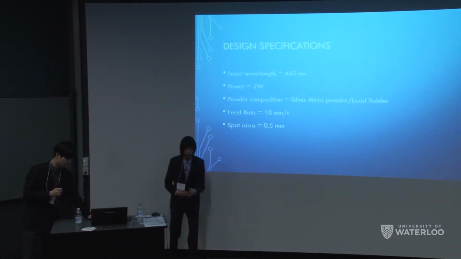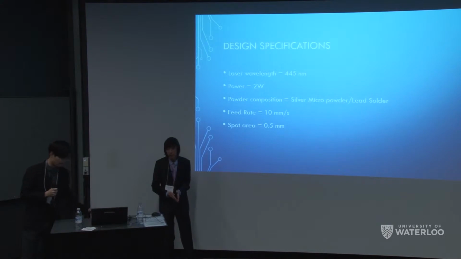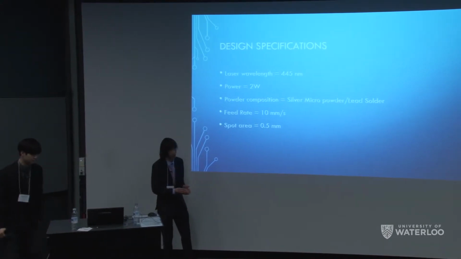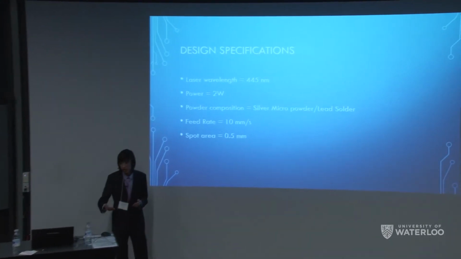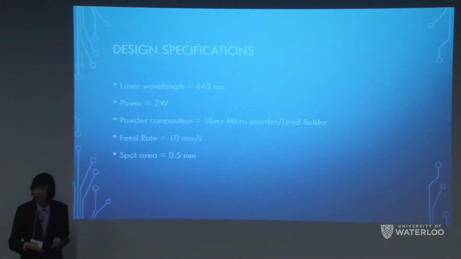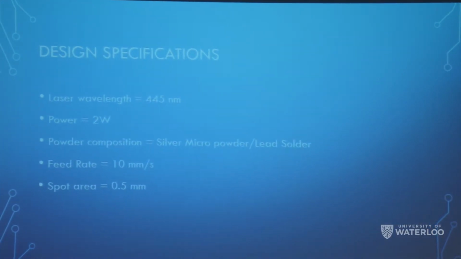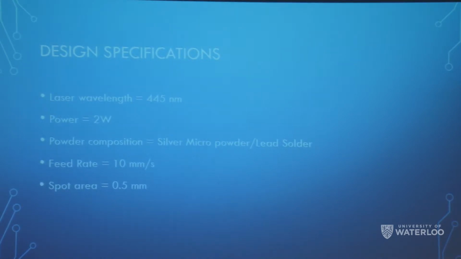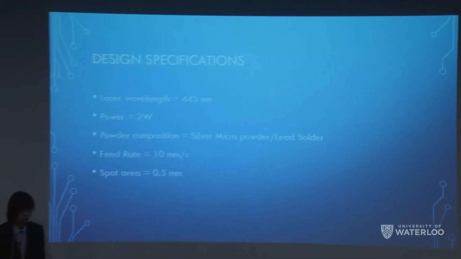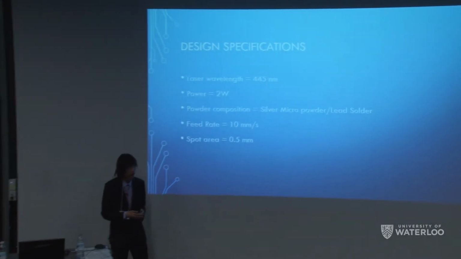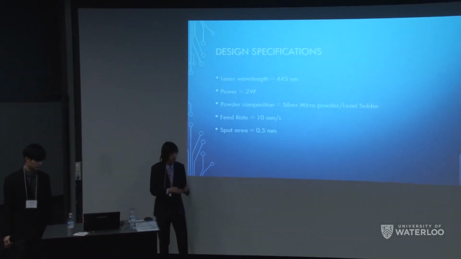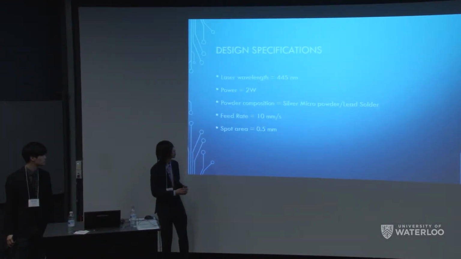So going from a high-level design to a bit more detail, we picked out the laser wavelength that would correspond, as Daniel said, which was approximately 445 nanometers, the closest we could find in commercially available cheap lasers. The power output would be approximately 2 watts, which we theoretically determined would be sufficient to reach sintering.